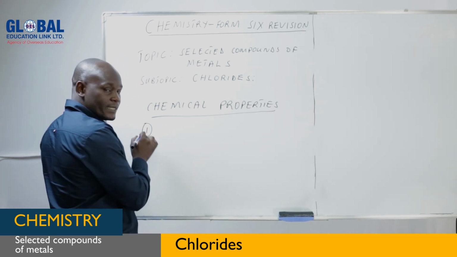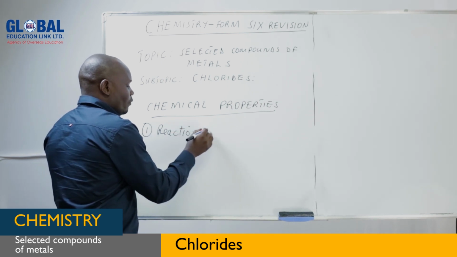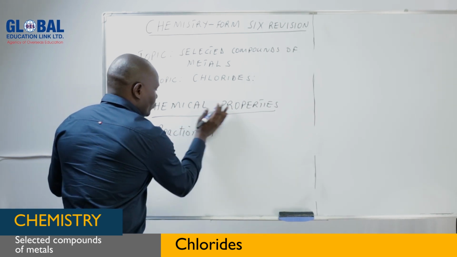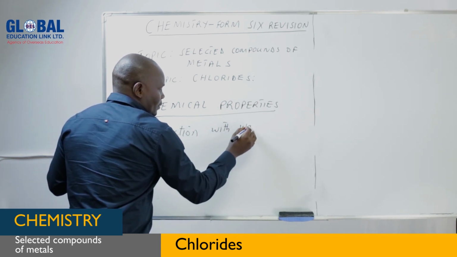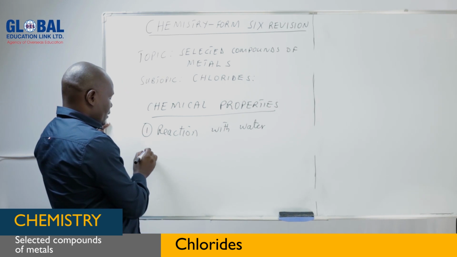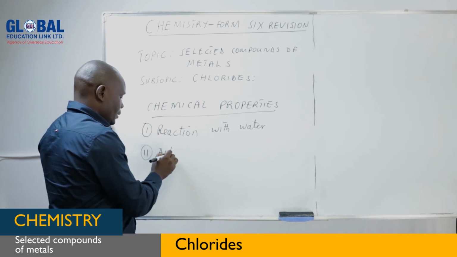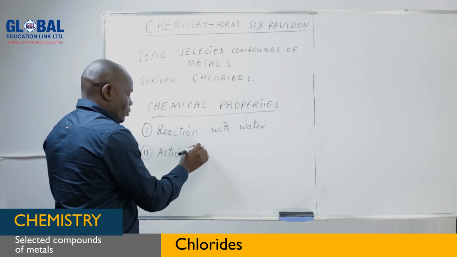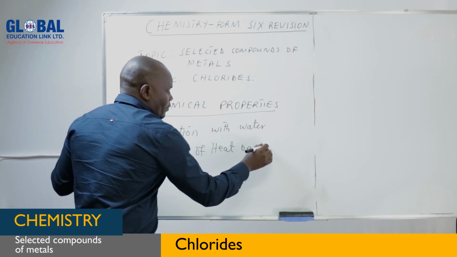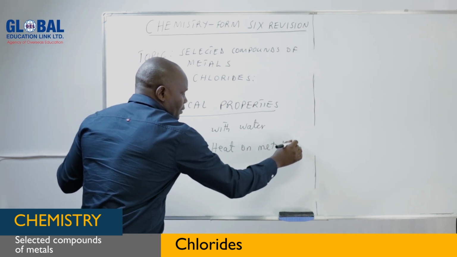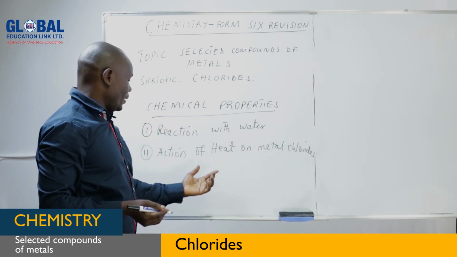One, we'll discuss the reaction of metal chlorides with water. And secondly, we'll discuss the action of heat on metal chlorides. Okay, my dear students, I think you are following.